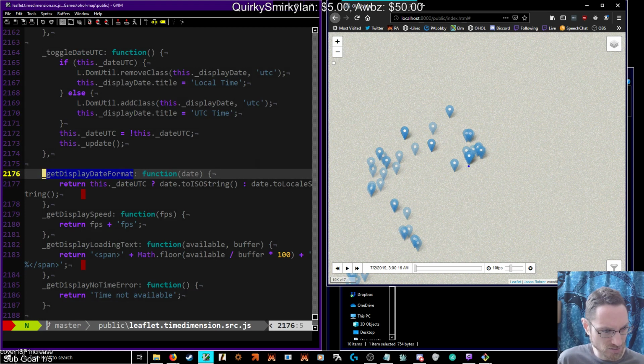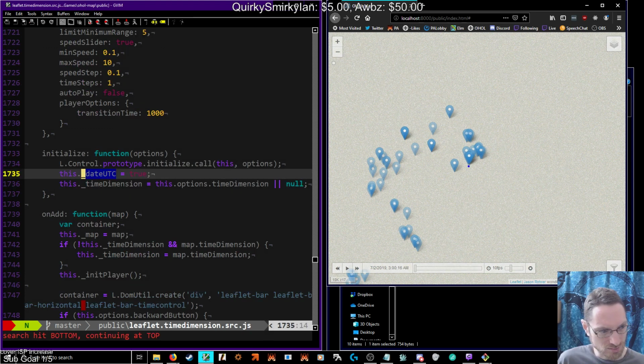Date UTC to locale string. Yeah, that's not an array, that's just locale string. Initialize date UTC true.